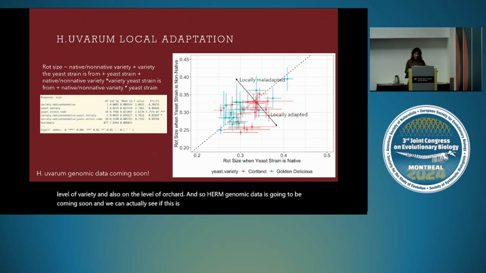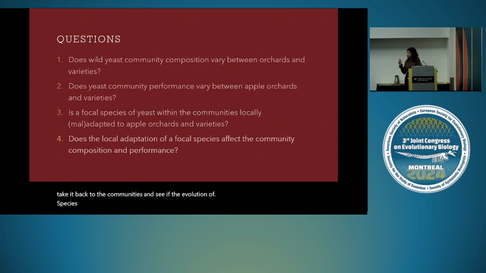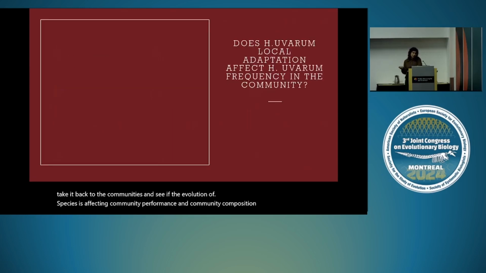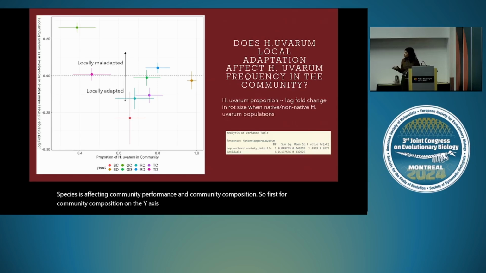And so finally, let's take it back to the communities and see if the evolution of this focal species is affecting community performance and community composition. First, for community composition, on the y-axis here I have log-fold change in fitness when native versus non-native as a measure of local adaptation.